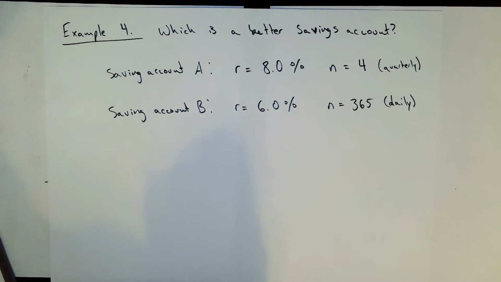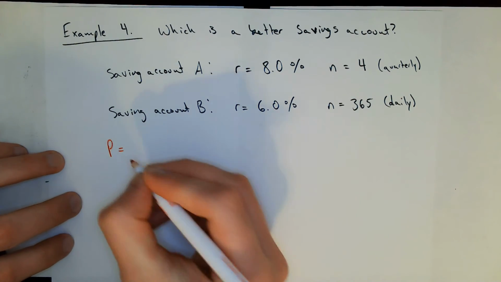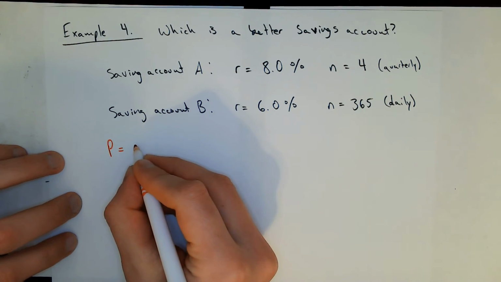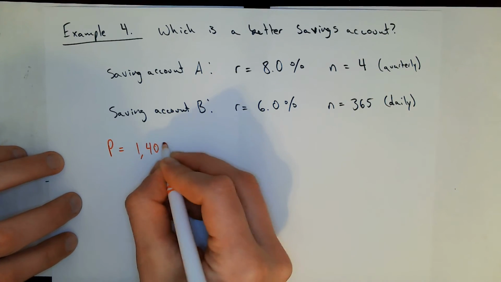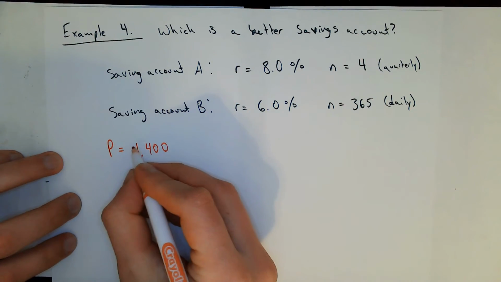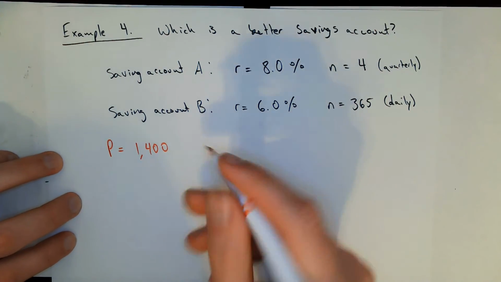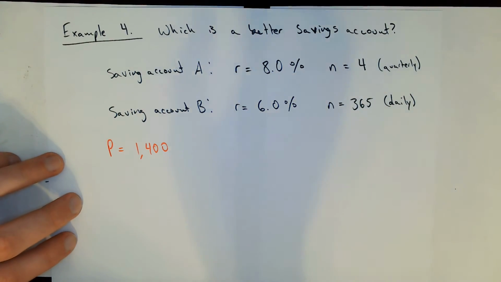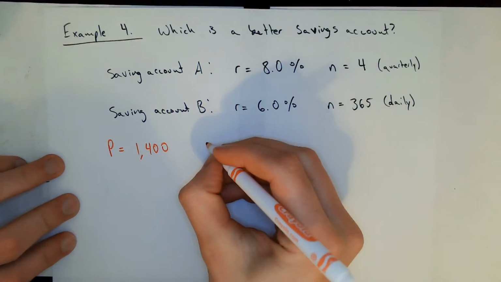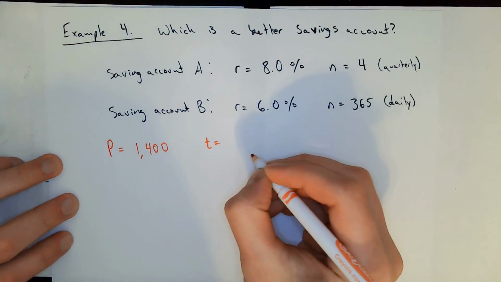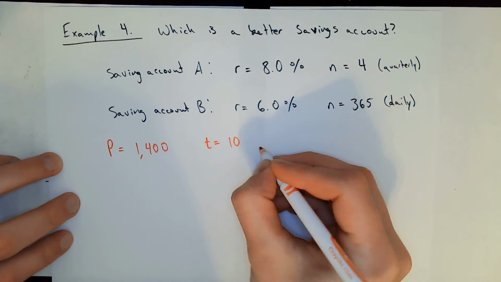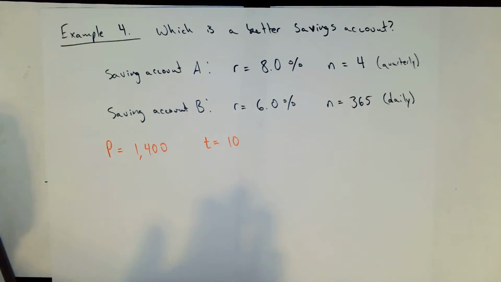Let's say that you have a principal of $1,400, right? Your stimulus check, and you want to save all of it, and you don't need it right now, right? So you're just going to try and leave it for like 10 years. Let's let t be 10.